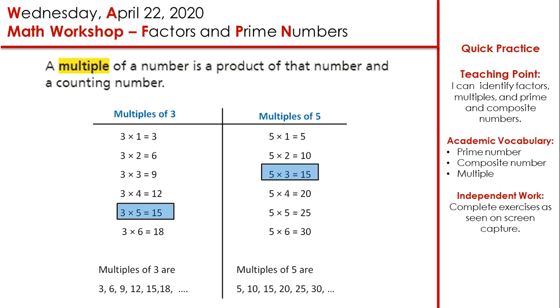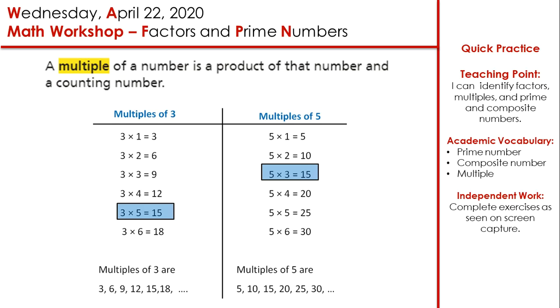In this case, our number is 3 and our counting number is 5. So a multiple of 3 will be 15. Looking at the multiples of 3, we got 3, 6, 9, 12, and so on until infinity and beyond.